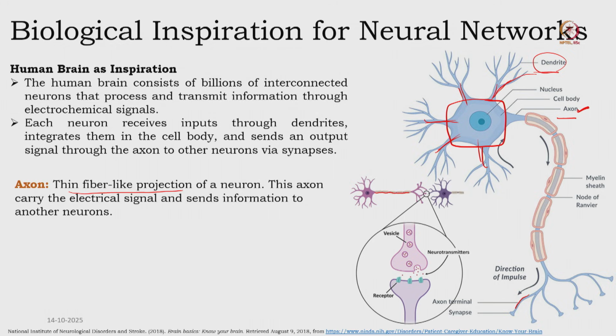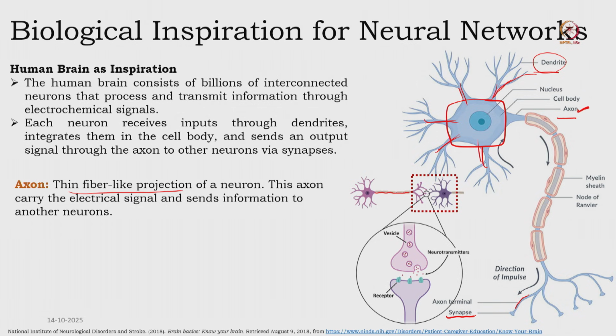So the axon can carry the information from one neuron to another neuron. But here we have a small problem. Can you see, from one neuron to another neuron there is a small gap. When there is a gap, ideally the information will not pass. That is where the role of the synapse comes in.